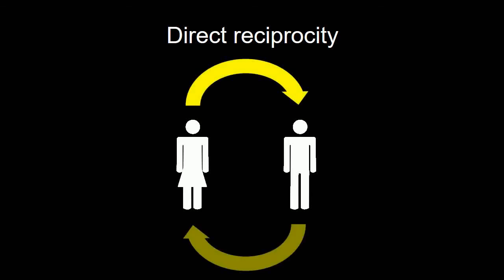And so that means it can pay off to cooperate in order to induce your partner to cooperate with you the next time you interact. So that works very well for pairs.